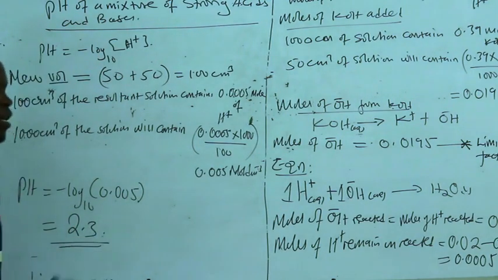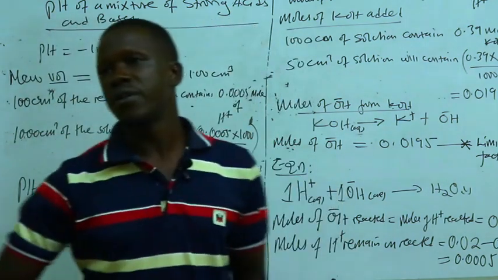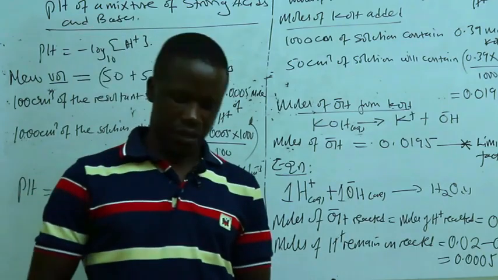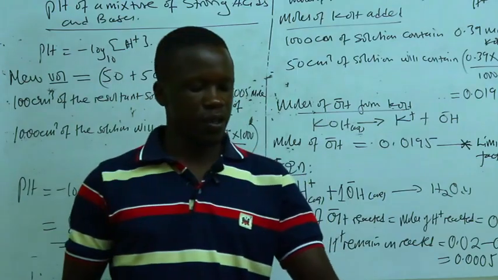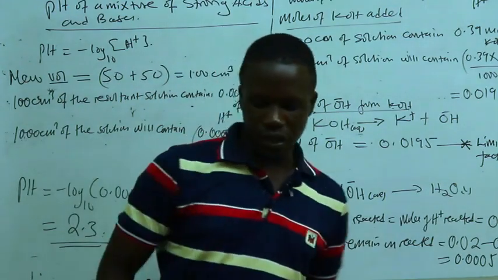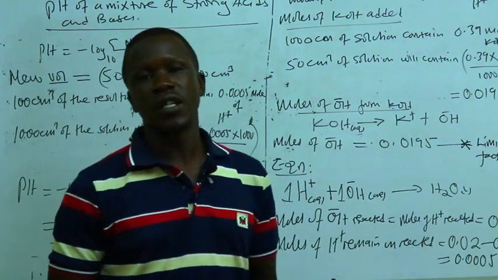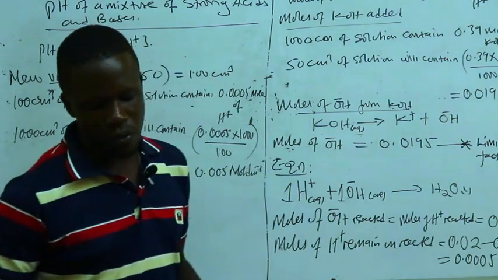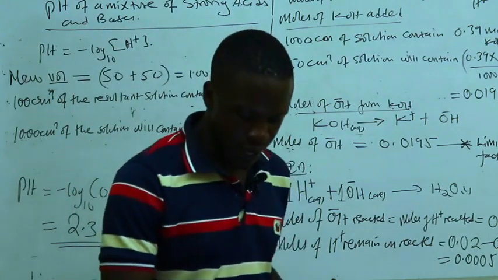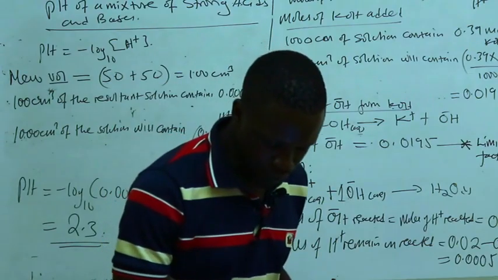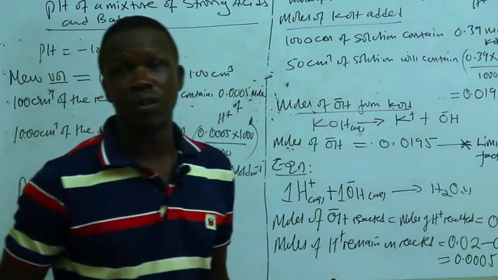By the fact that this value is less than 7, I'm very sure this is a perfect answer for the pH of the resultant solution, since it contained some unreacted hydrogen ions. We could have many more other examples on the same and simply look at what we do to determine the concentration.